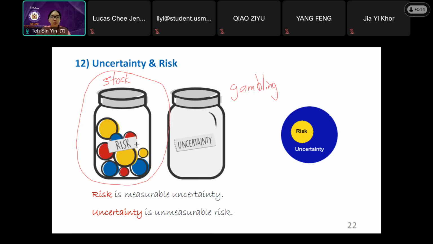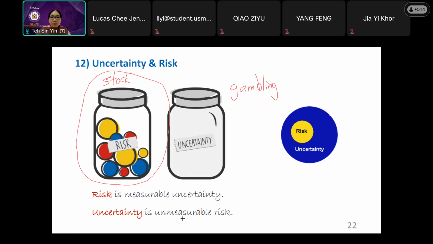So that's why we say risk is a measurable uncertainty. You are uncertain about it, but you have certain information. You can predict the size, the color, the quantity. Whereas with uncertainty, there is no information. You are putting your bet without any information, just randomly. So it is like gambling.